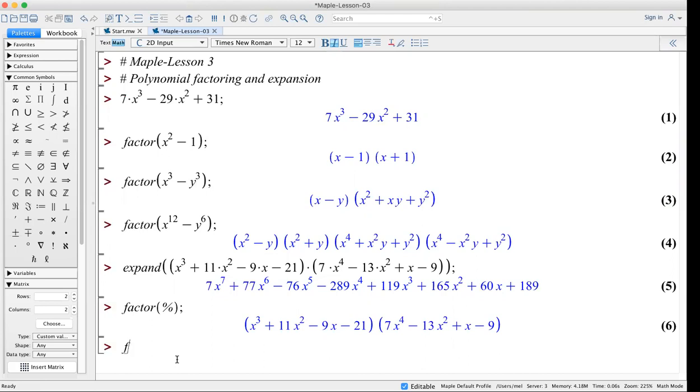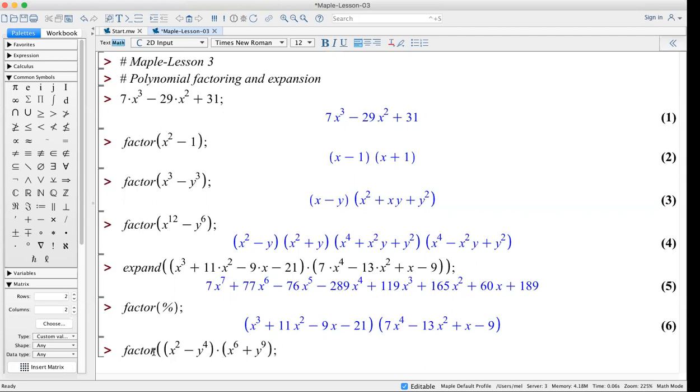Let's look at another example. Suppose I want to factor x squared minus y to the 4th times x to the 6th plus y to the 9th.